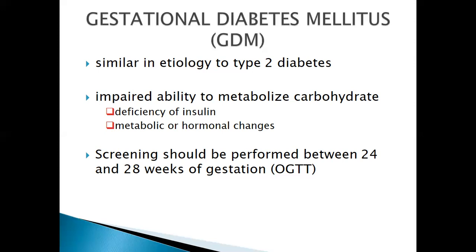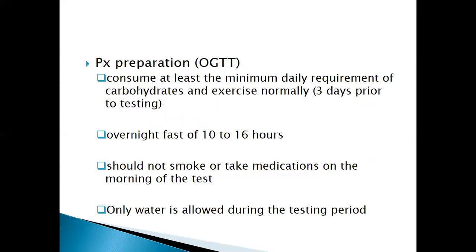And usually in the clinical setting, we assess for GDM at 24 to 28 weeks of gestation via OGTT, the oral glucose tolerance test determination. So how do we do it? There is a need to prepare the patient for an overnight fast of 10 to 16 hours.